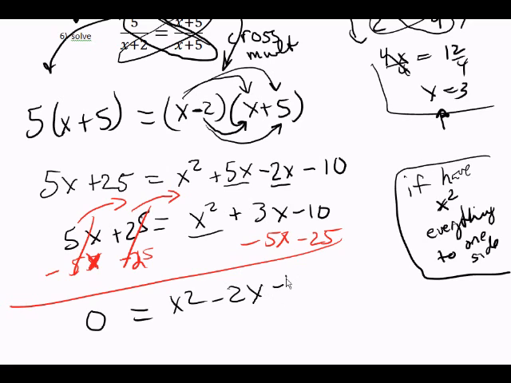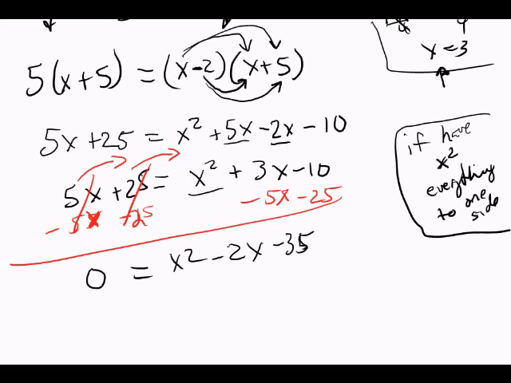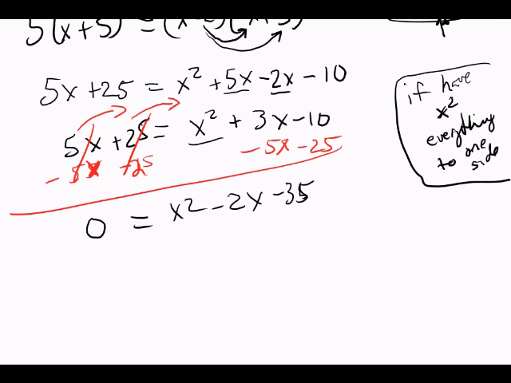I am left with 0 on this side. And I have x squared minus 2x. Ooh, is that right? Minus 35, yeah. Okay, so what do you think I have to do now to solve to find x? What's my next step?